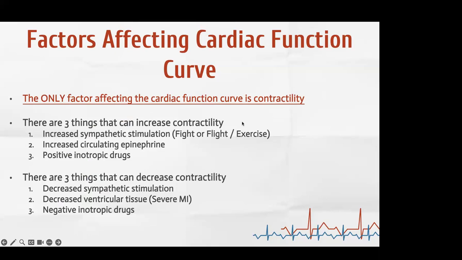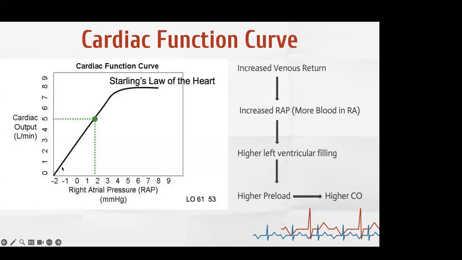They say by increasing preload, I increase contractility. That's wrong. You can only increase contractility by these three things, and you can only decrease it by these three things. If you don't do any of these things, then you're not affecting this graph.